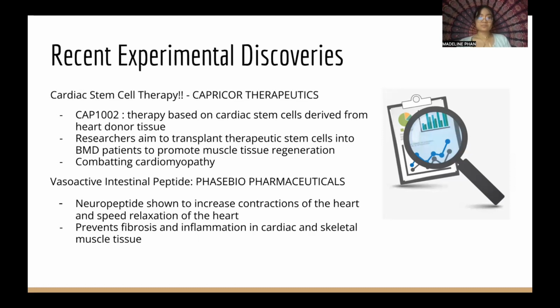Capricor Therapeutics, a pharmaceutical company, developed a cardiac stem cell therapy called CAP1002. It takes cardiac stem cells derived from heart donor tissue, and the researchers are trying to transplant these therapeutic cardiac stem cells into BMD patients.